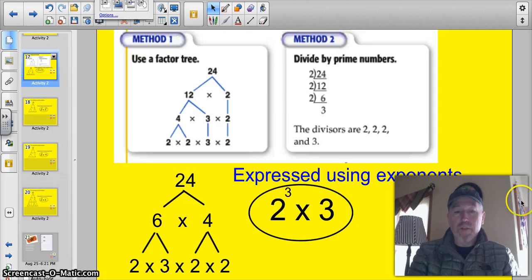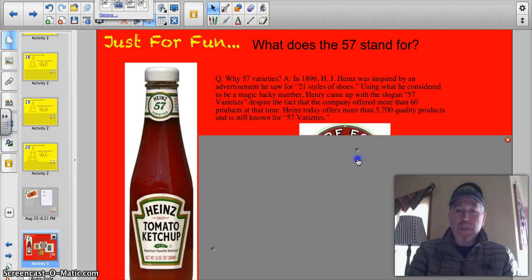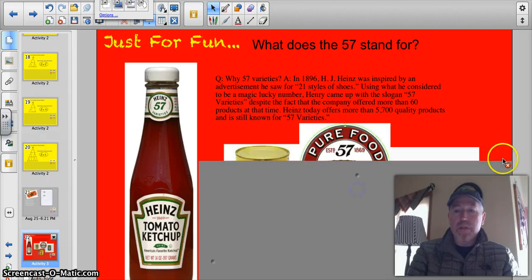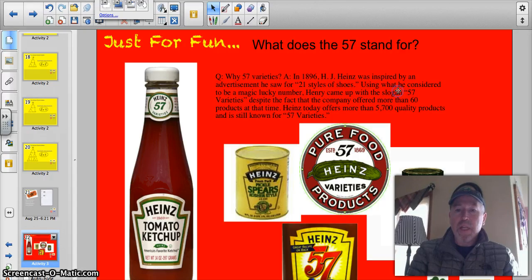All right, let's do the just for fun question. What does the 57 stand for? Interesting, a lot of people think it stands for the number of varieties of tomatoes, etc. But actually, in 1896, Mr. Heinz was inspired by an advertisement he saw for 21 different styles of shoes. And he thought 57 was kind of a magic number, so he came up with that marketing slogan, 57 varieties, even though at the time he had 60 products.